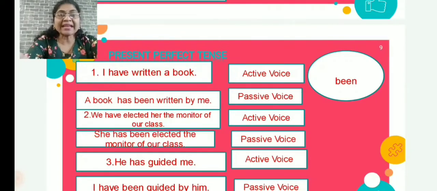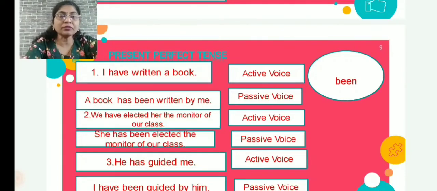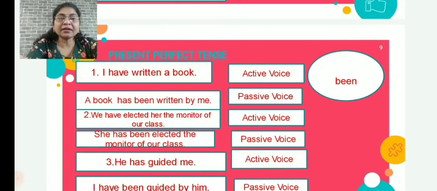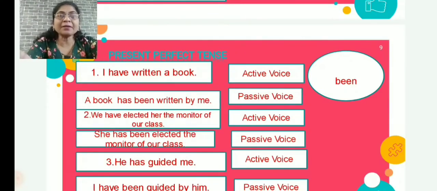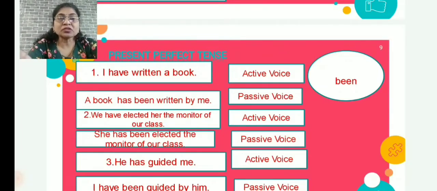A book has been written by me, into passive. We have elected her the monitor of our class. So we is the subject, have is the supportive verb, elected is the action, her is the object. So she has been elected as the monitor of our class.